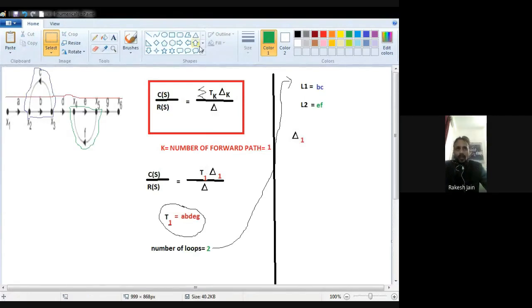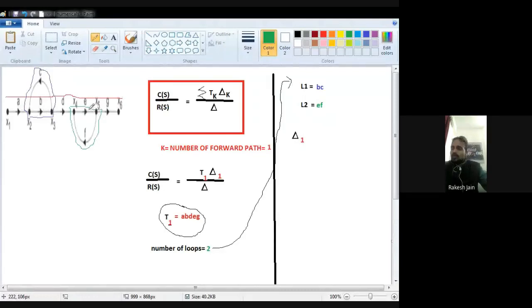Now in this question, with the red color line I show the forward path and its direction. The first loop, the blue encircled loop, has one branch B which is on the same forward path, because the forward path also consists of this branch, so it touches. Now the second loop with the green circle also touches the forward path because the E branch is there.